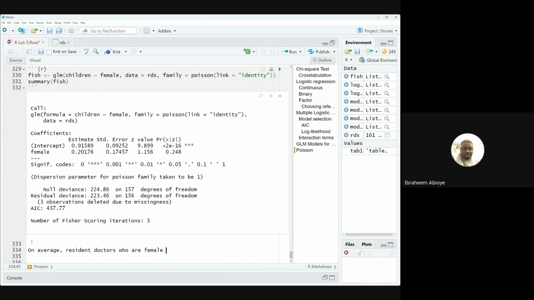It's weird because 0.2 is now a fraction. So we will interpret that as a percentage. 20.2% more likely to have children.